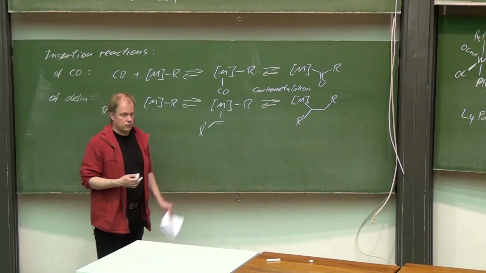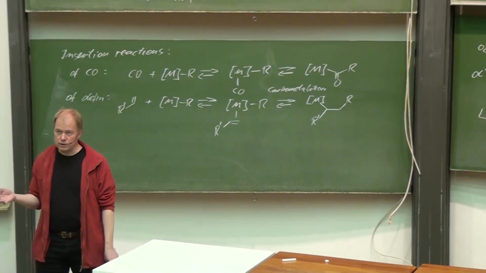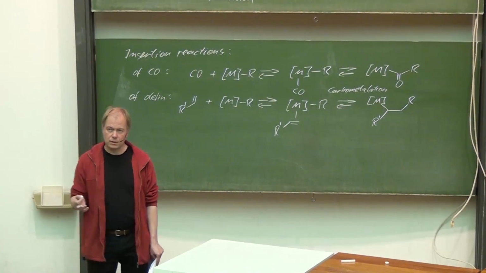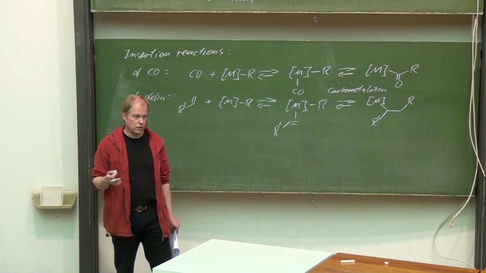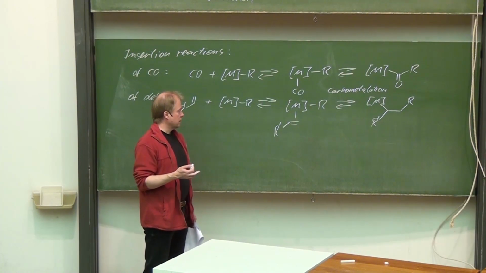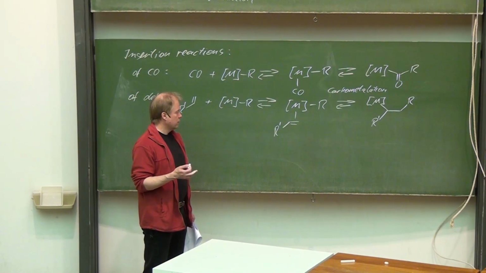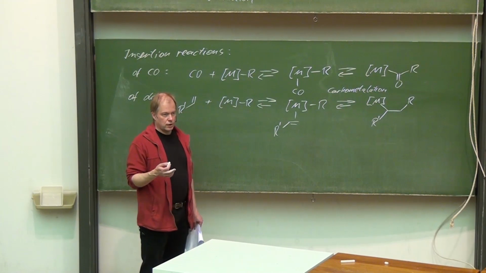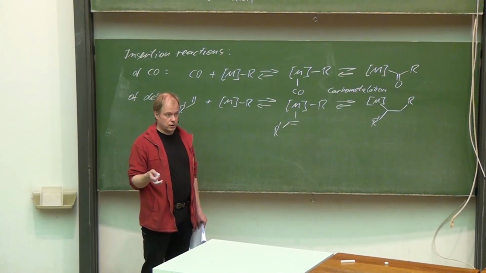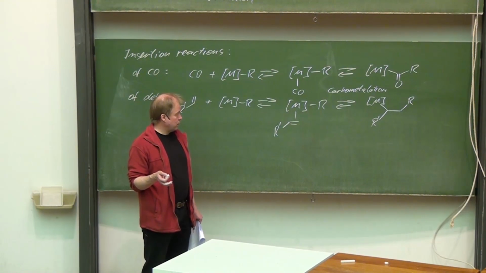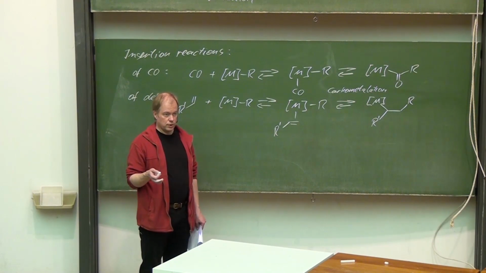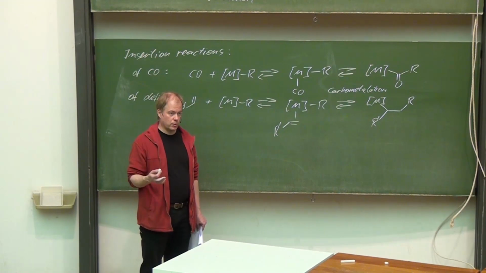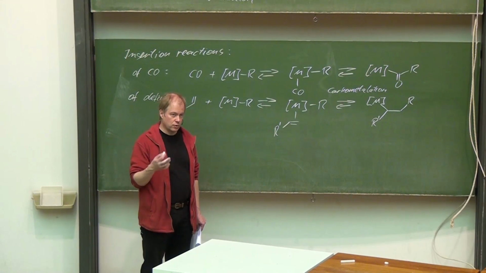Well, if R just is a hydride, then it's a hydrometallation, and this, as you know, is also a reversible process, as you have learned for the hydroboration. And this type of process, well, generally is a concerted one which proceeds in a syn fashion.